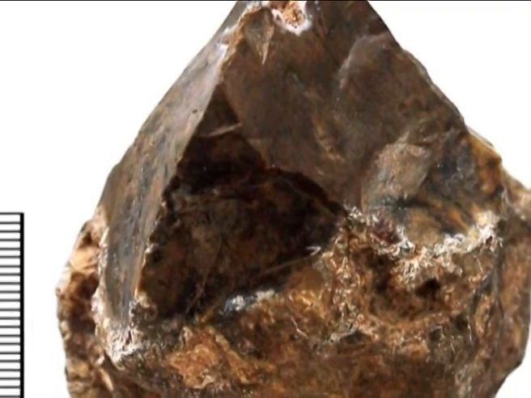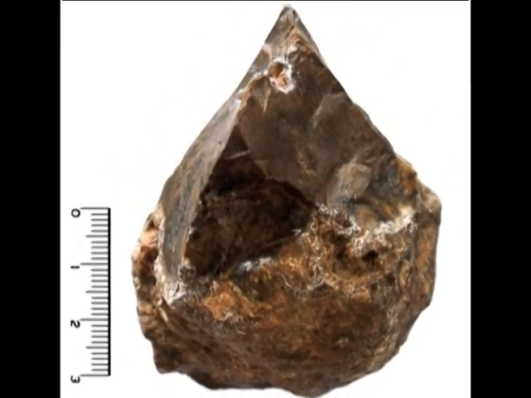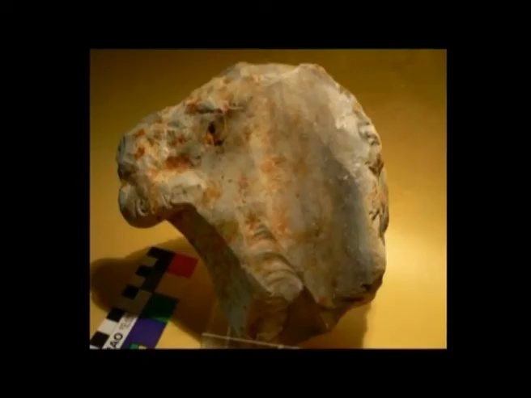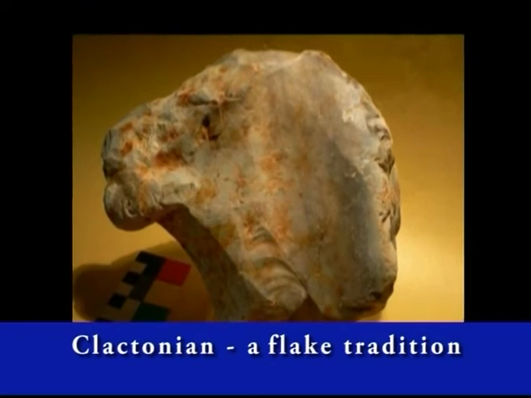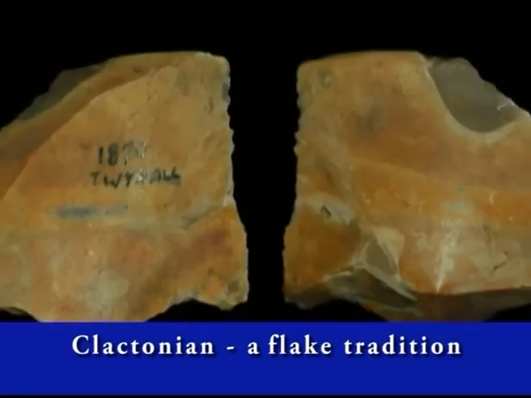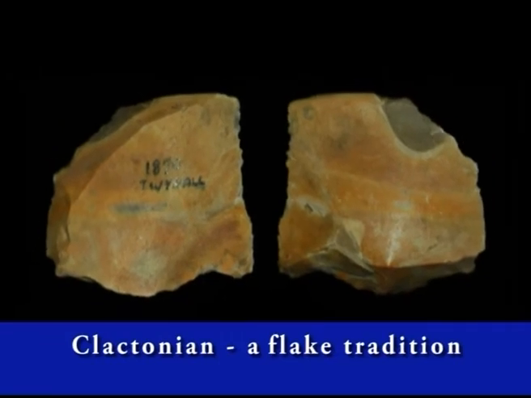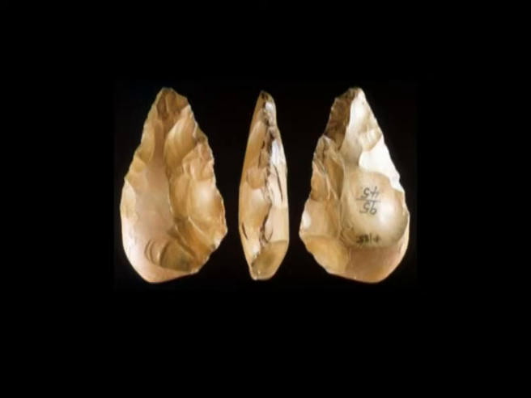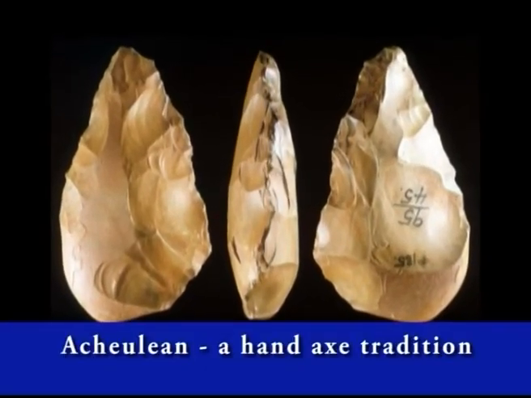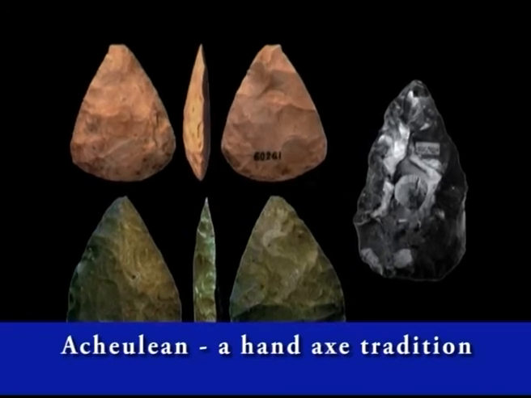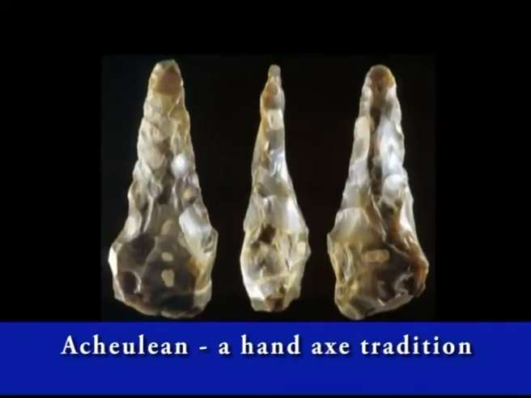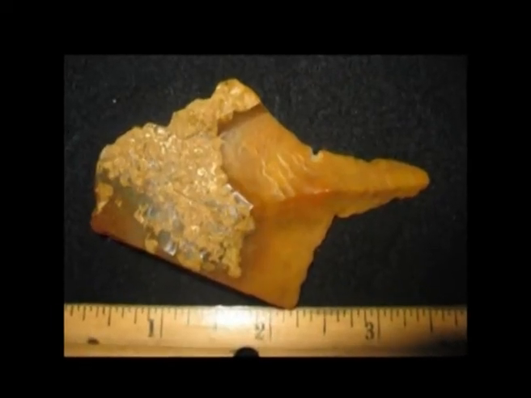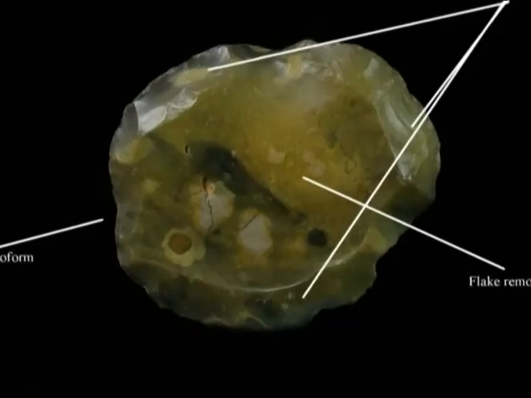In Europe, the Oldowan tradition, also known in Europe as Abbevillian, split into two parallel traditions, the Clactonian, a flake tradition, and the Acheulean, a hand-axe tradition. The Levallois technique for knapping flint developed during this time.